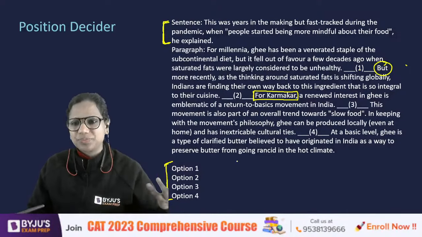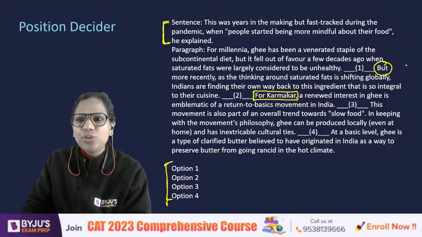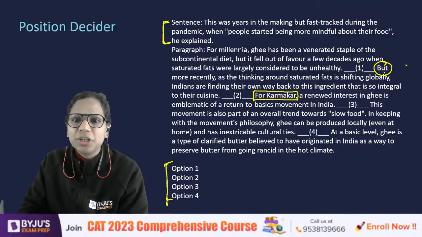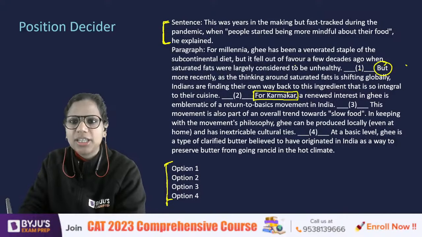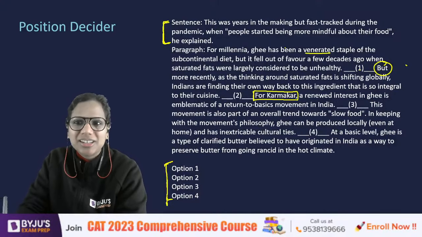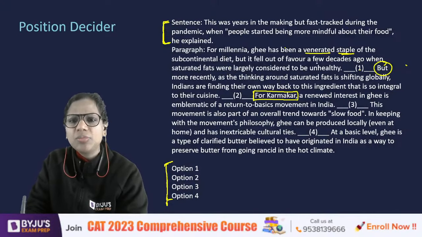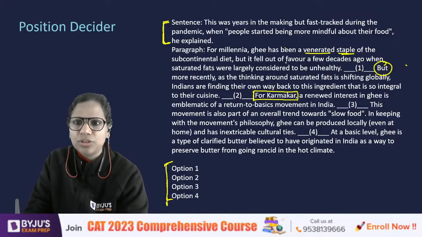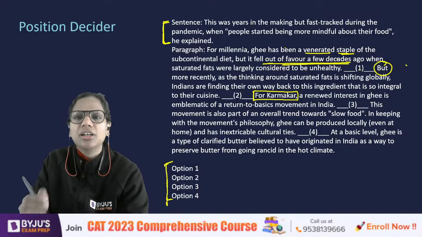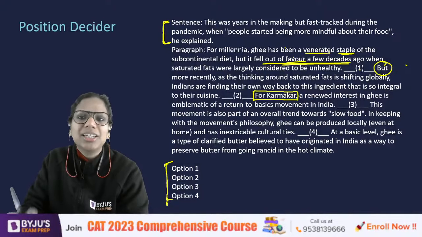All right, then let's discuss. If you see, I highlighted this here because there is a contradiction, right? It talks about how ghee was a respected staple, something very commonly eaten in the subcontinental diet, but it fell out of favor a few decades ago. Fell out of favor, that means people reduced its consumption. They didn't like consuming it.